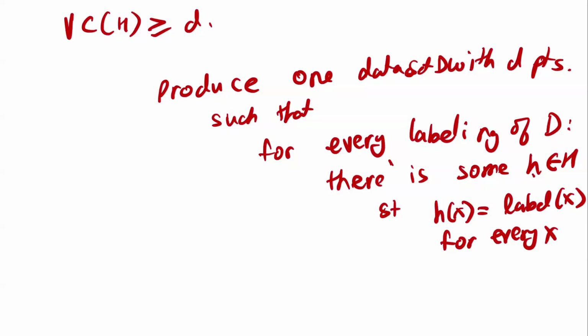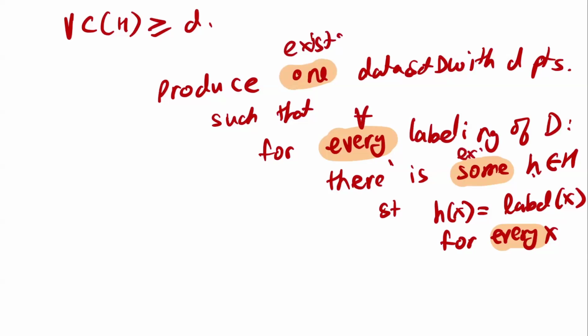So importantly, notice that you have a for all, and this is really just one. This is a for all, this is exists, and so you alternate between universal and existential quantification.